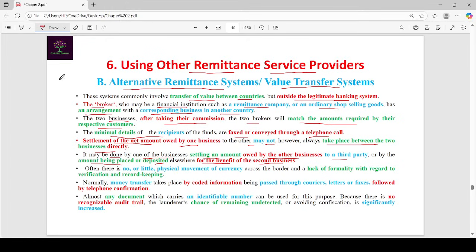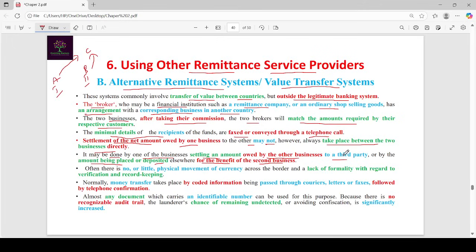A is the first broker, B is the second broker. So B is owed to C. So A directly sends to C, the third party, where B is owed.